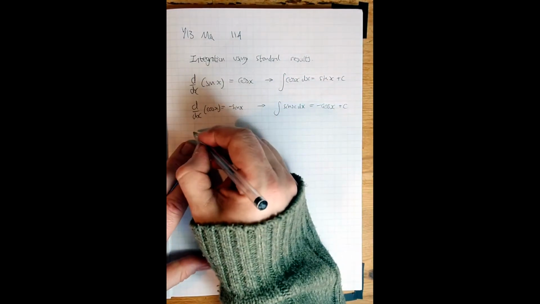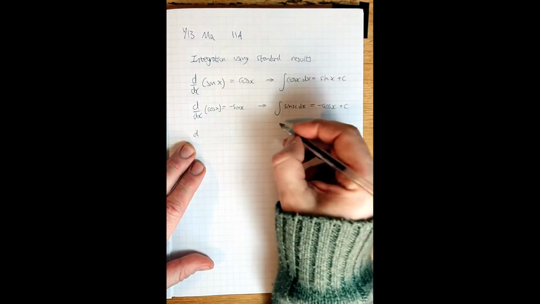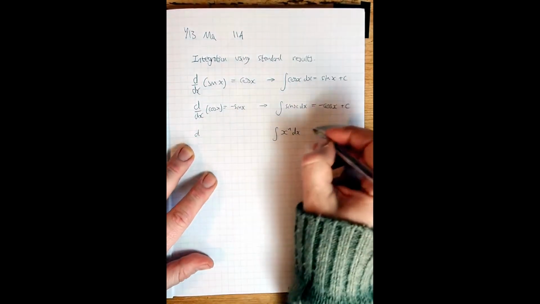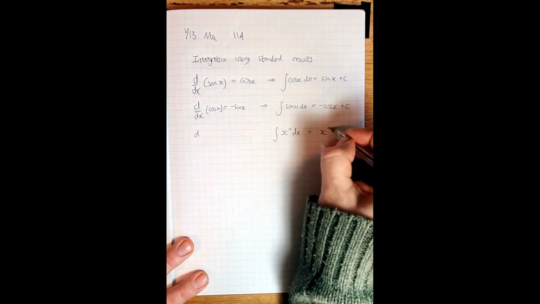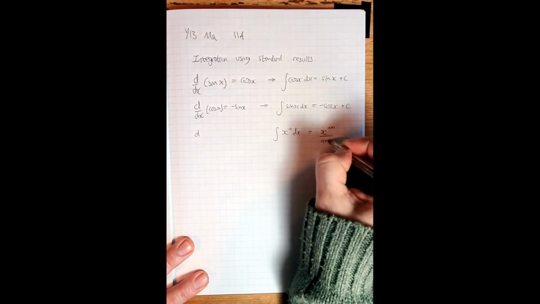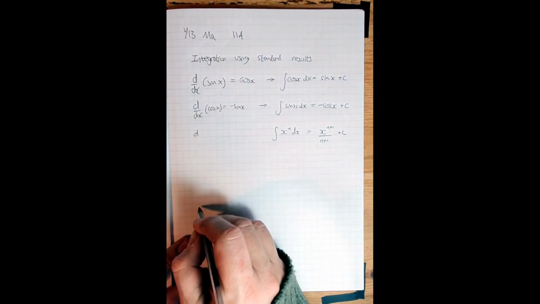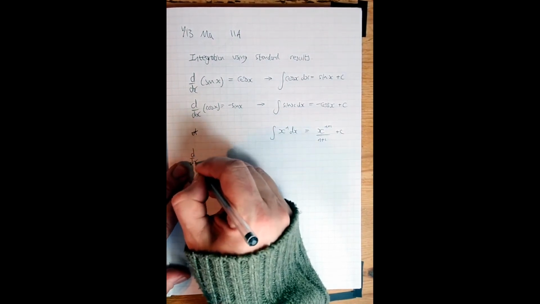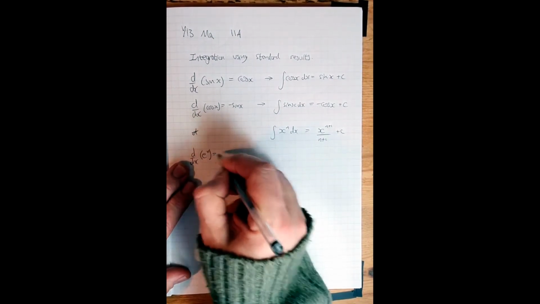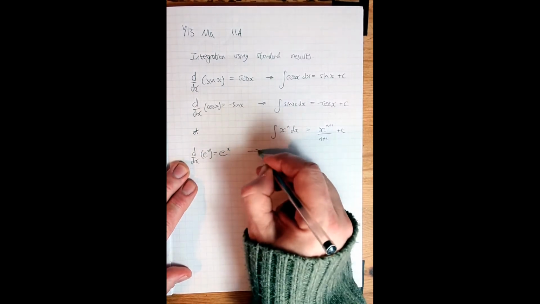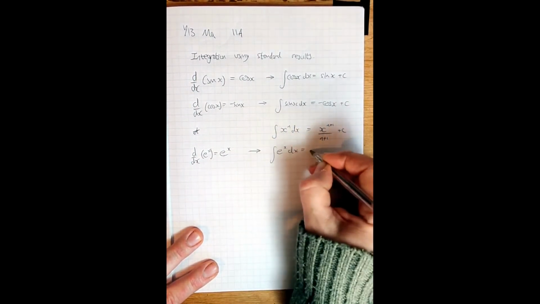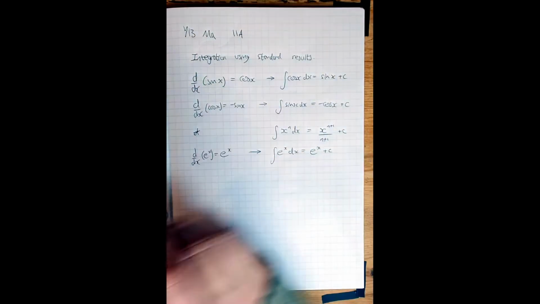What else do we know? We already know the standard integration rule from year 1. Increase the power, divide by the new power. What else do we know? We know that e to the x differentiates to e to the x, so of course e to the x integrates to e to the x.